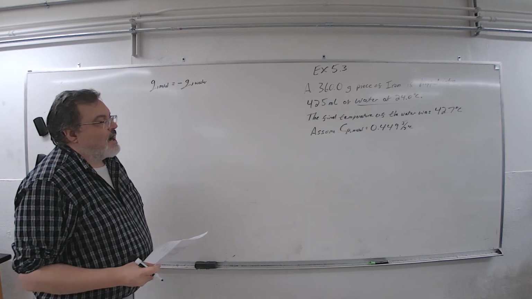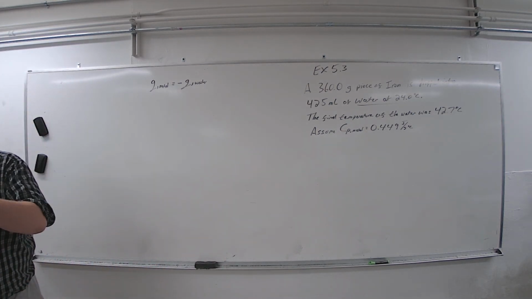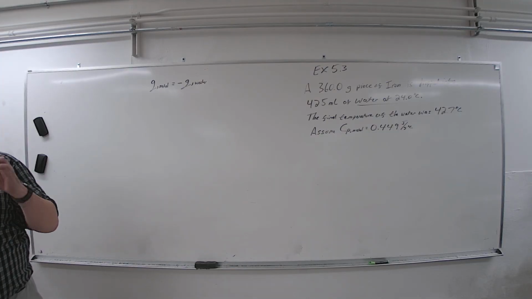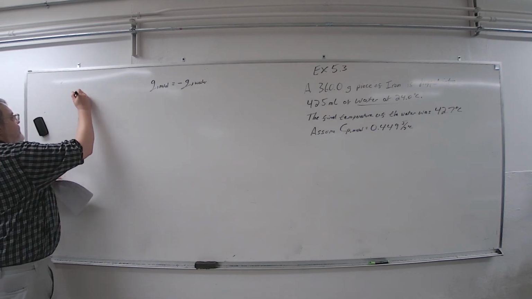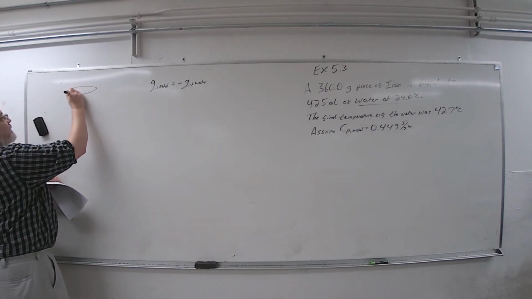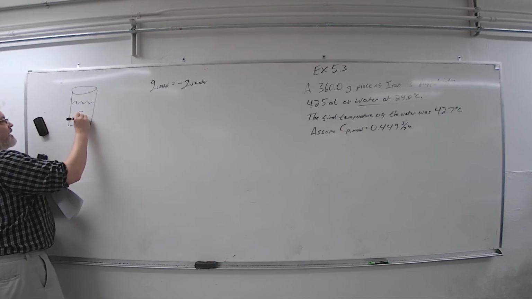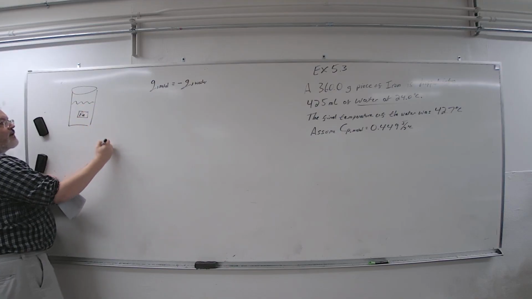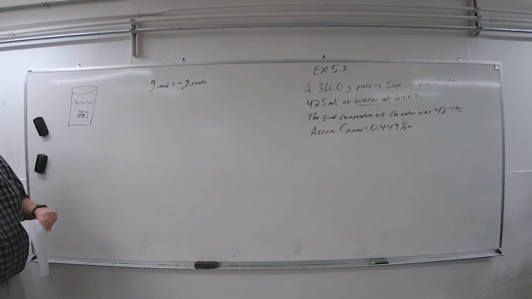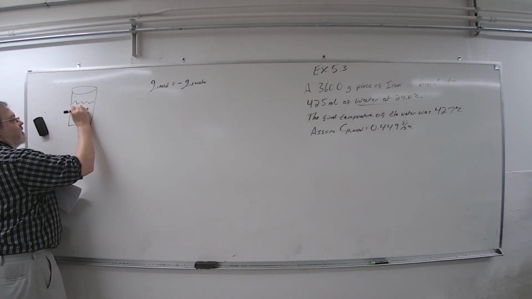So was the iron hotter than the water or colder than the water? If putting iron in the water made the water temperature go up, so you drop a chunk of iron in here, and it makes the temperature of the water go up. Do you see that? That tells you iron is hotter than the water.